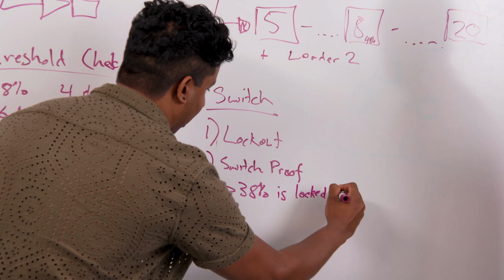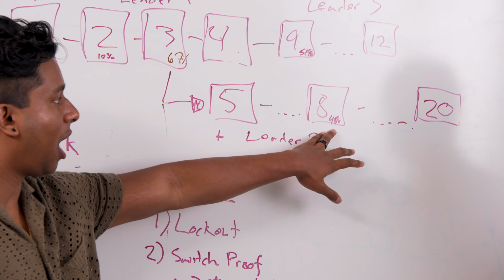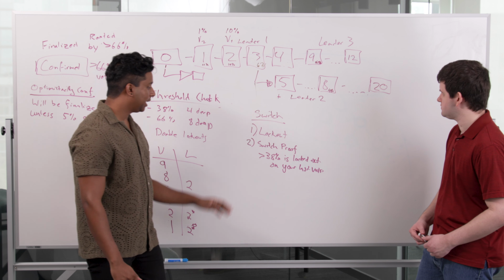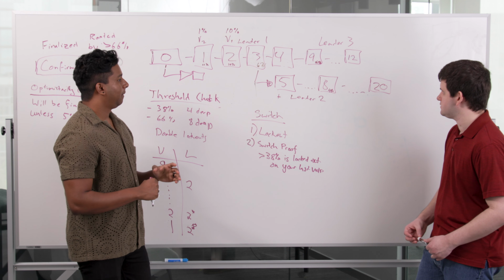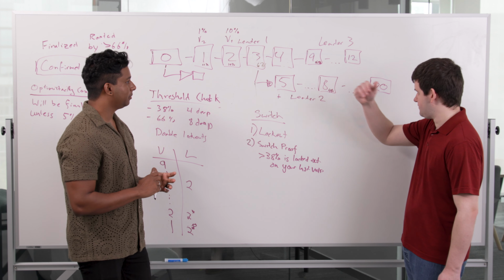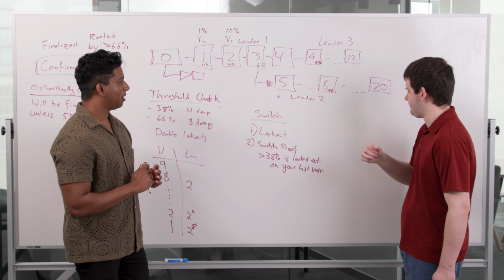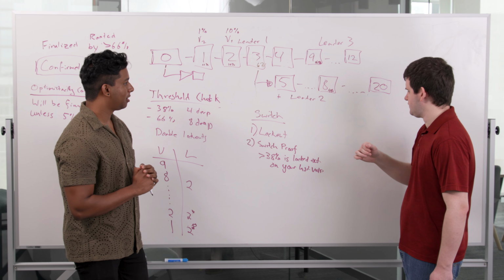If there is greater than 38% not on your fork and they're locked out on your slot, say 51% of people is on this fork, and since they voted for 9, they are locked out on 8. Right. The idea here is that 8 can never be optimistically confirmed, because this is a heavier weighted fork choice, and they have 38% locked on last vote.